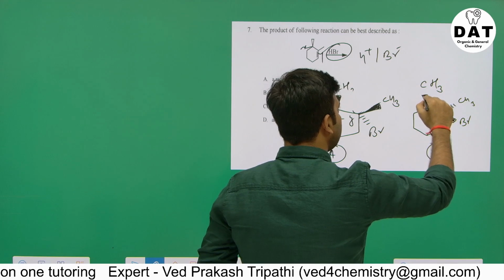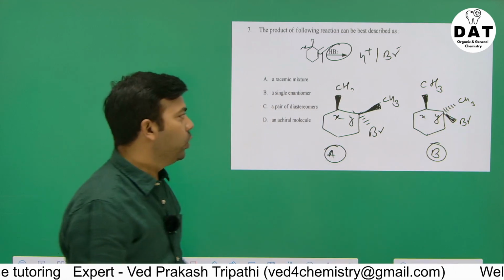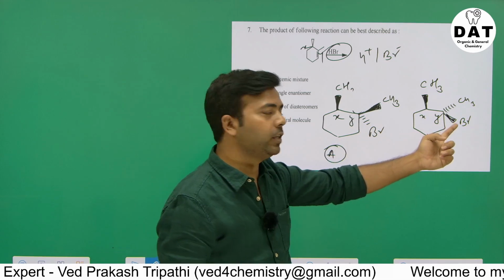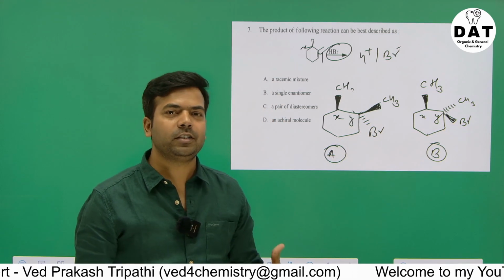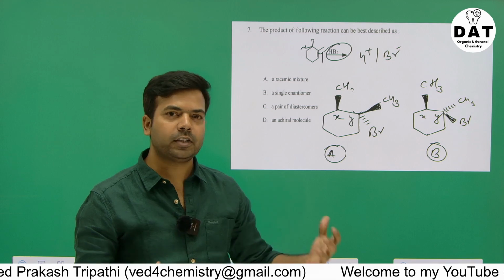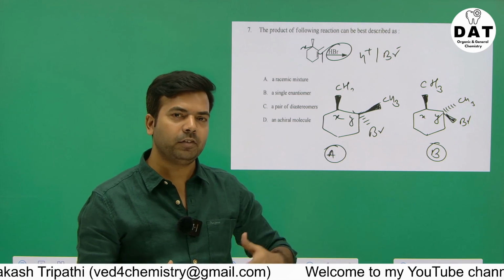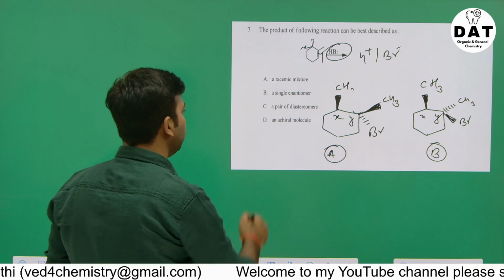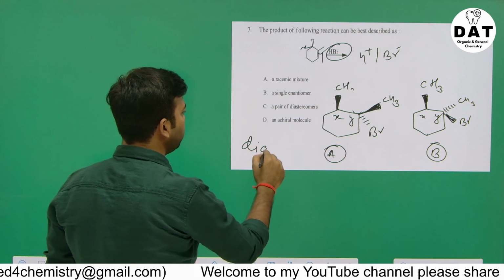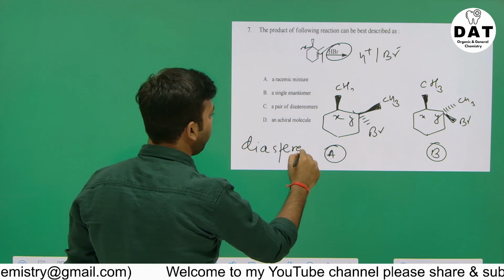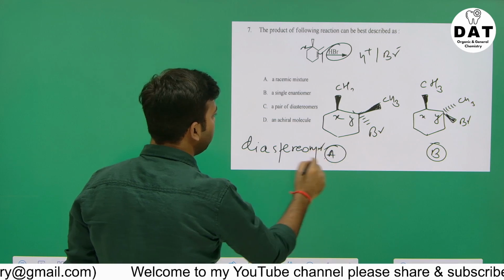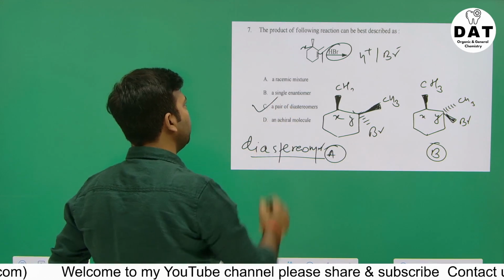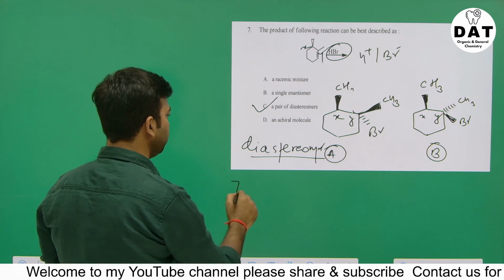So one chiral center has no change, while one has a change. You can see here bromine on the dash, here bromine on the wedge. So whenever such a condition is like that, where one chiral center is fixed and there is just one change with the chiral center, this kind of relationship is called a diastereomer. So this is a pair of diastereomers. Clear? 7C.